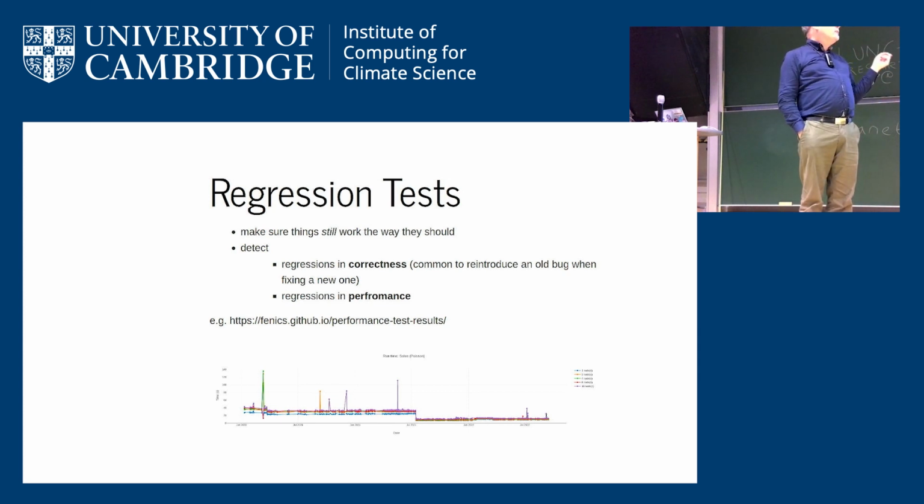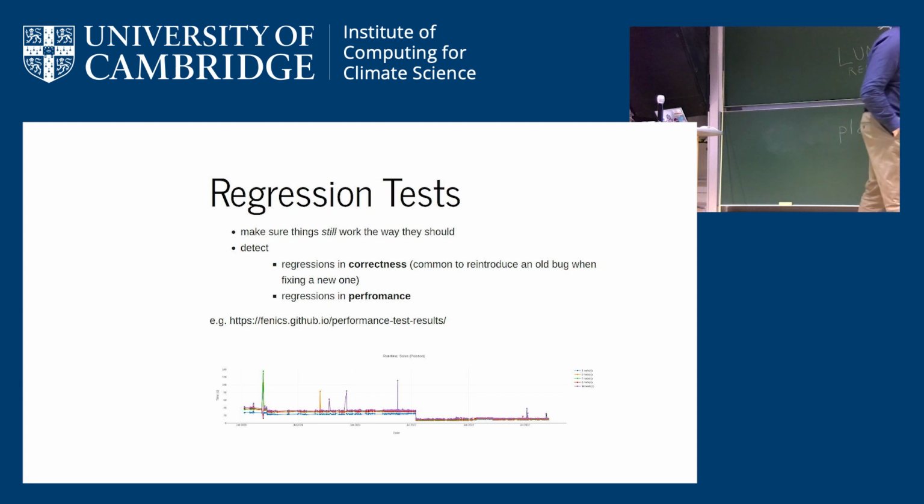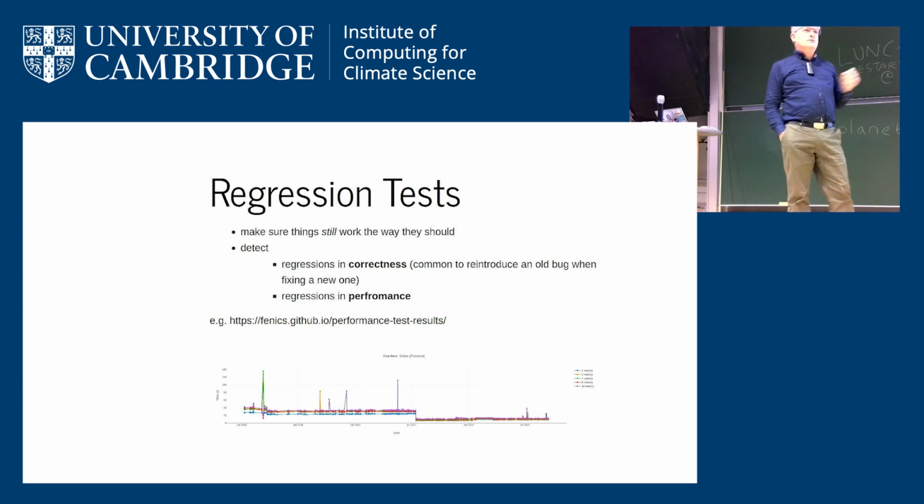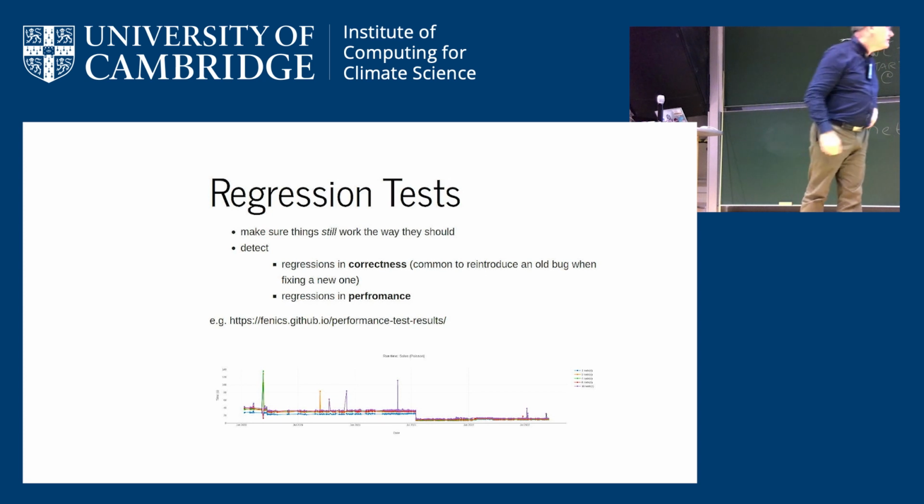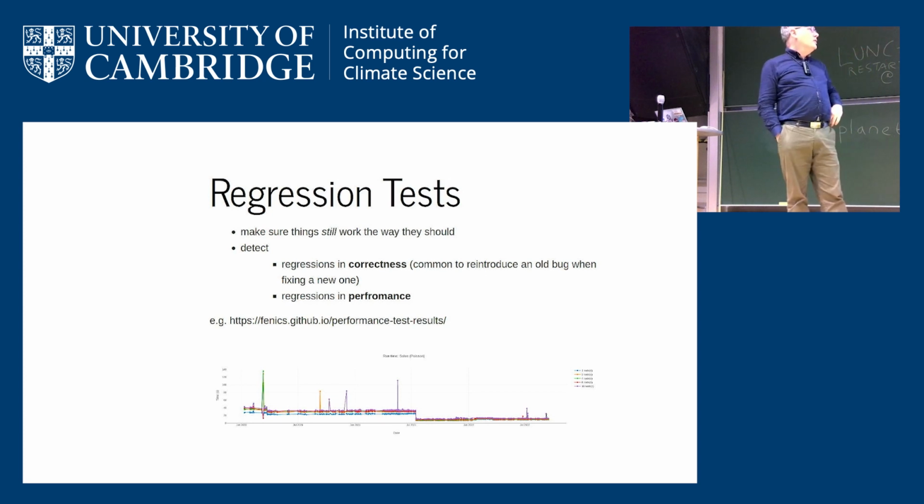So this is a piece of code that we have at Cambridge called Phoenix. It's finite element code, and they run a performance test on 5 sizes of jobs from 1 to 16 nodes, I think, on every commit.